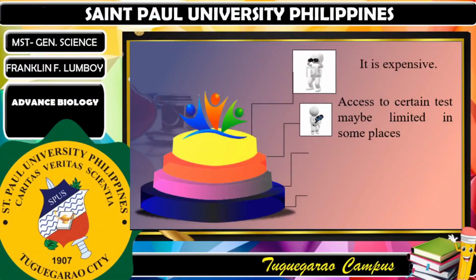Disadvantages. Number one, it is expensive. That is very true. Pharmacogenomics is expensive, particularly if insurance does not cover the cost. Another disadvantage, access to certain tests may be limited in some places.